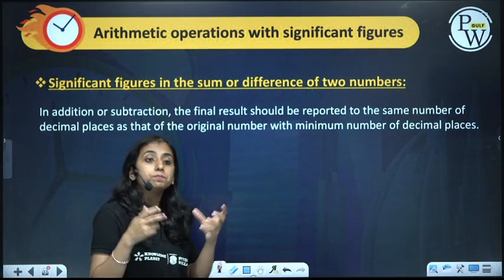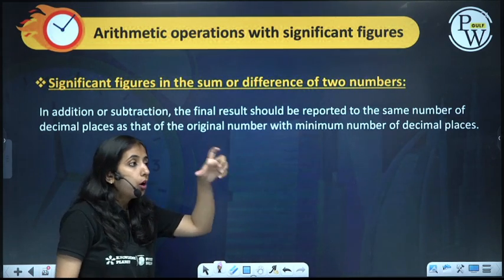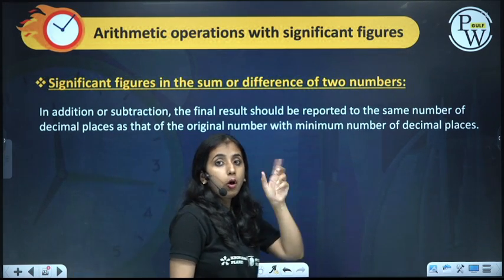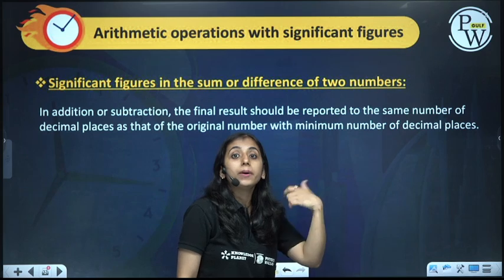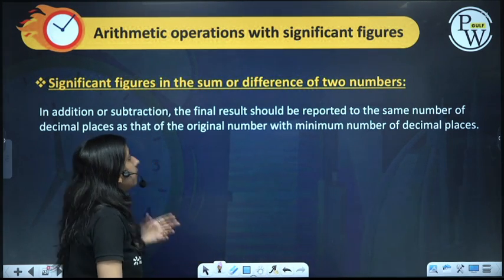If we have an arithmetic operation between two numbers, how many decimal places or significant figures should be present in the result? Let us see.